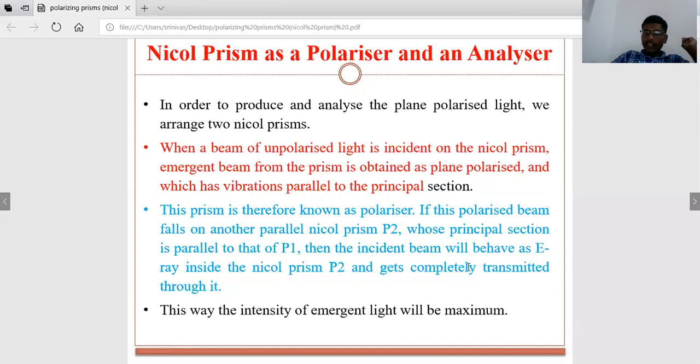The incident beam then behaves as an extraordinary ray inside P2 and is completely transmitted through it, so the intensity of the emergent light is maximum. That means the extraordinary ray from the first prism is the incident ray for the second calcite crystal P2, and we get transmitted to P2 a maximum intensity of extraordinary ray.